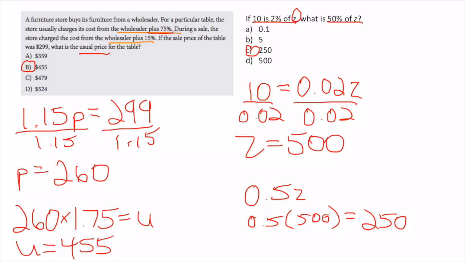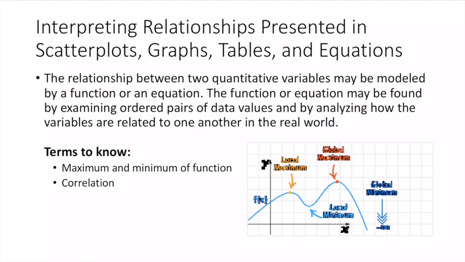A lot of these problems will be two or three step problems. Both of these have been two-step, where first we have to get an original price or an original amount, and then adapt it for what they're asking us.